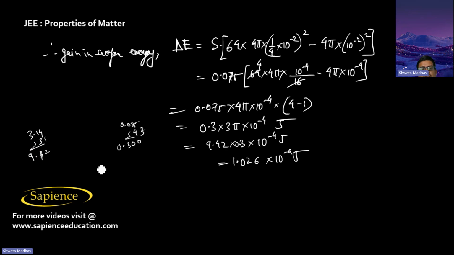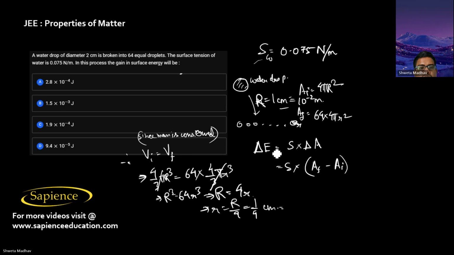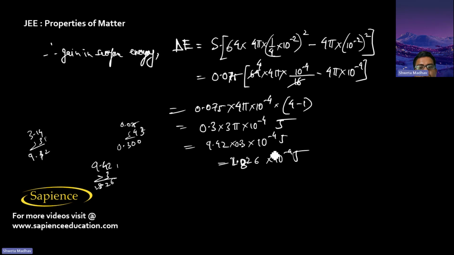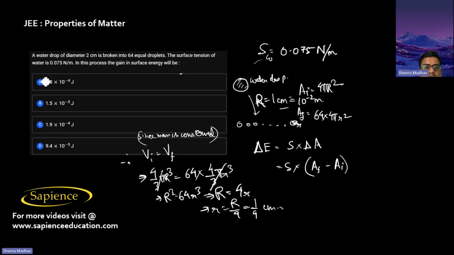So 9.42 into 0.3, 3 4 12, 3 9 27, so it is actually 2.826 into 10 power minus 4 joule. So 2.8 into 10 power minus 4 joule. So option A is the correct answer.